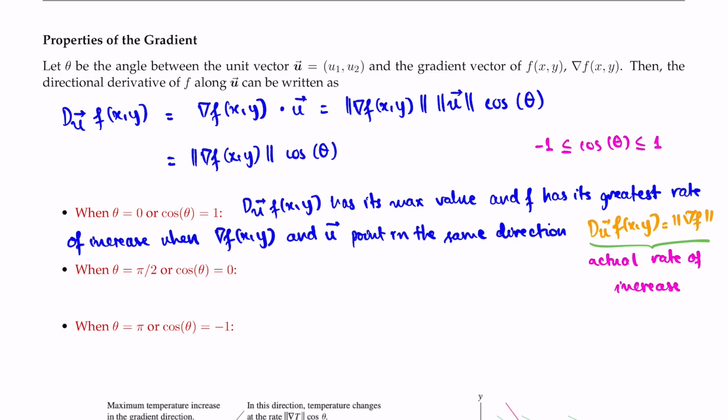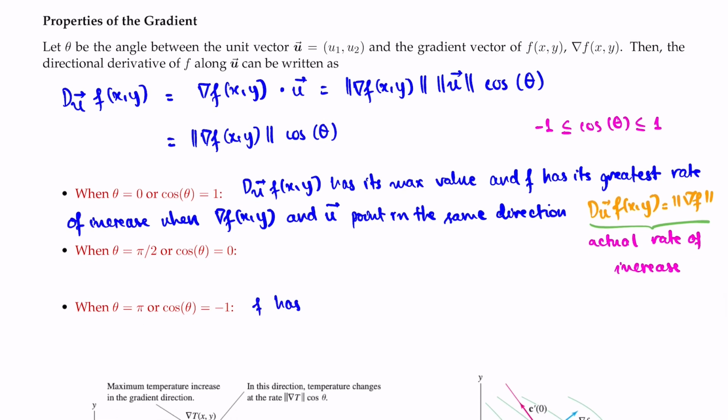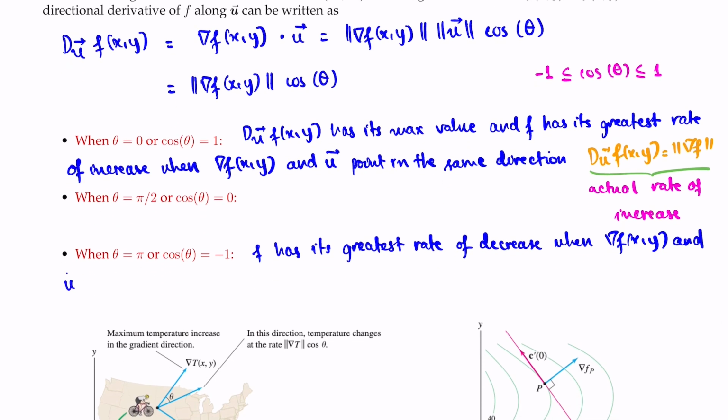Now similarly, when theta is equal to pi, we have cosine of theta equal to -1. f has its greatest rate of decrease when the gradient vector and the unit vector u point in the opposite directions. So f has its greatest rate of decrease when the gradient of the function and u point in the opposite directions.